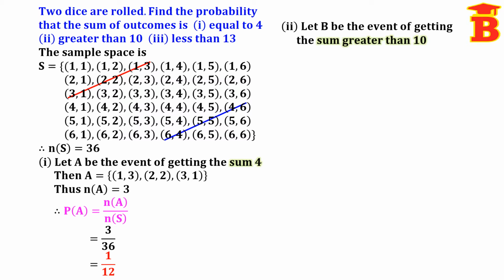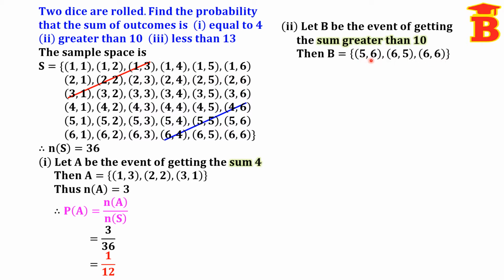But here the question is greater than 10. Just take all the elements to the right side of this line. That gives the sum greater than 10. So we get (5,6), (6,5), (6,6).